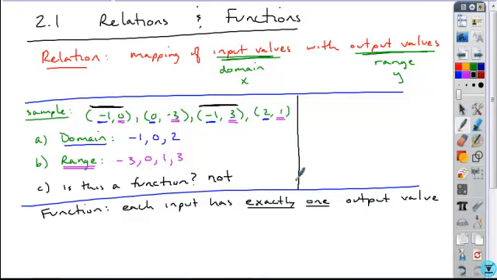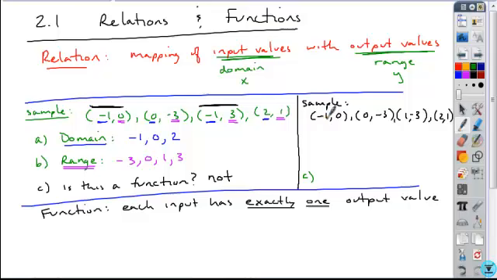And what if I took a similar set of relations here? This set is pretty similar. I want to determine, is this a function?